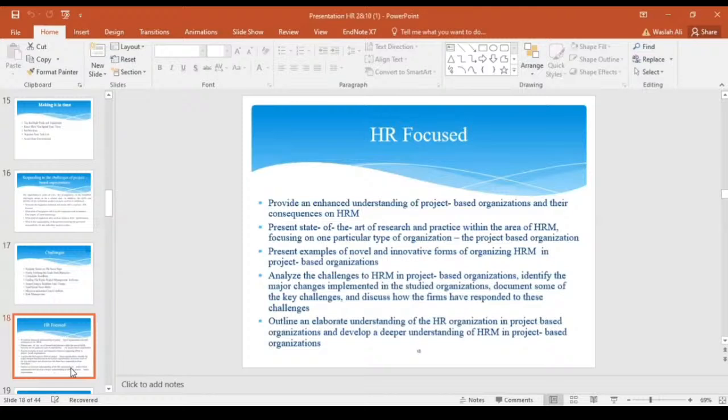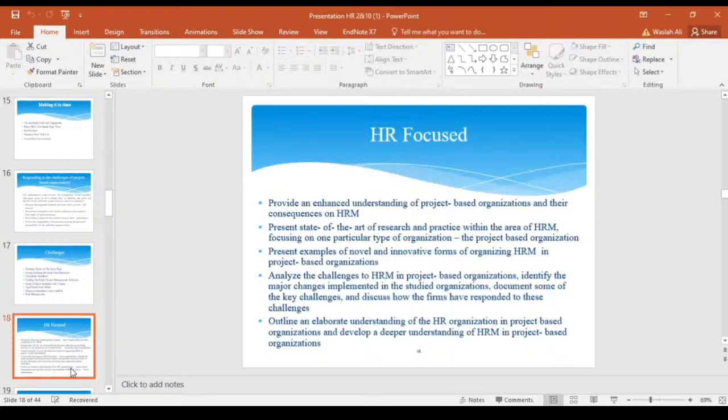HR focused. Human resource management focuses on the following terms: provide an enhanced understanding of project-based organizations and their consequences for HRM. Present the state of the art of research and practice within the area of HRM, focusing on one particular type of organization, the project-based organization.